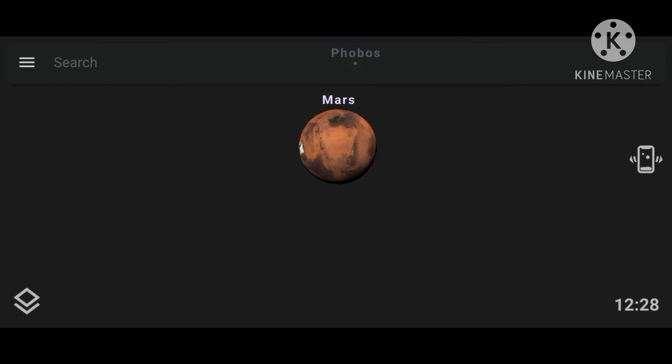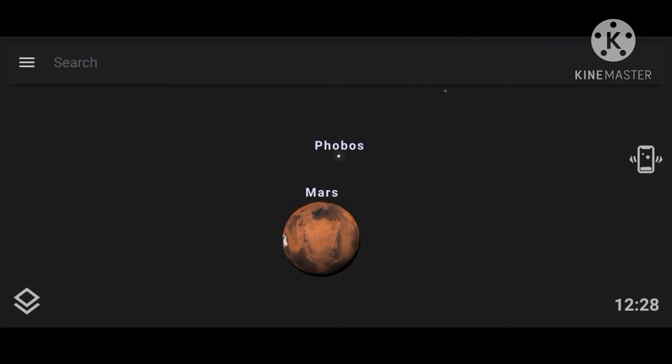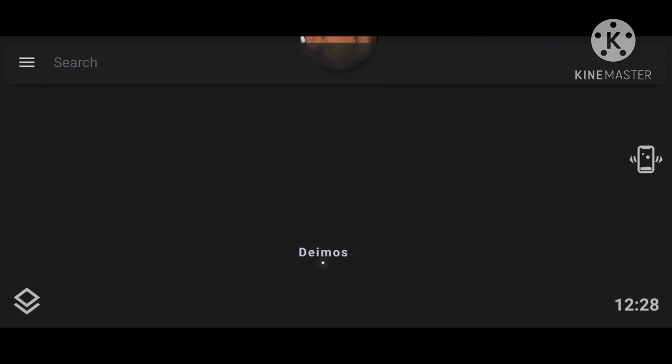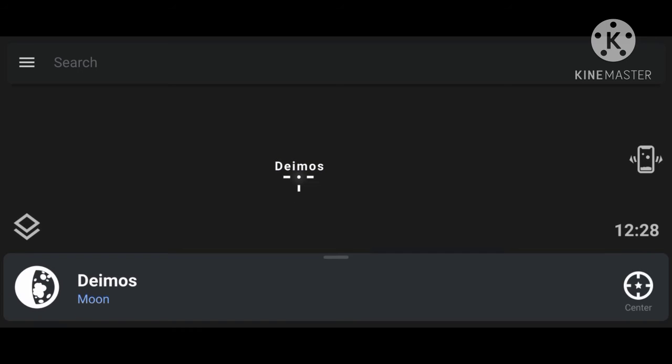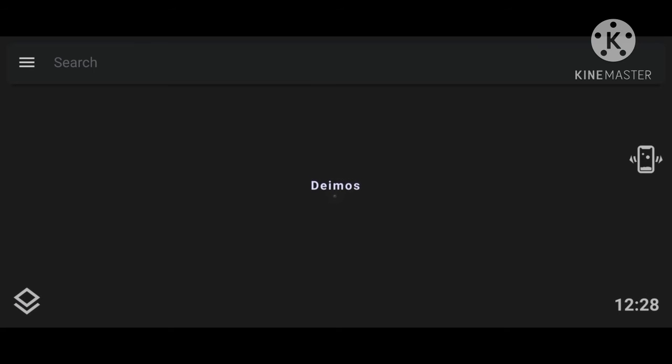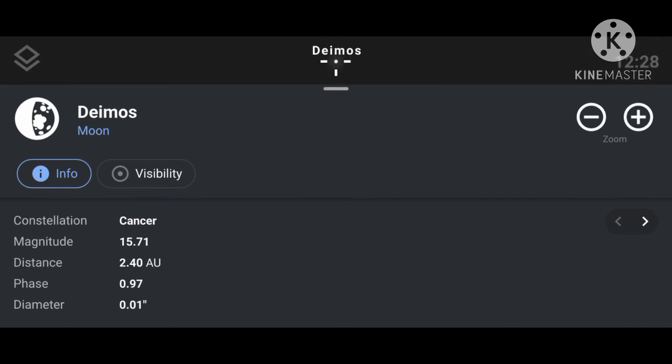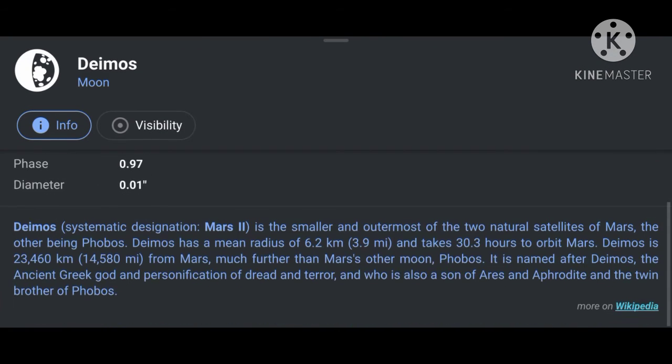Another interesting fact is that Mars has 2 moons named Phobos and Deimos. So we can view one. It seems here that Deimos is in the farthest orbit of Mars, and even though we try to zoom further, it cannot zoom further, and we can view other information about it.